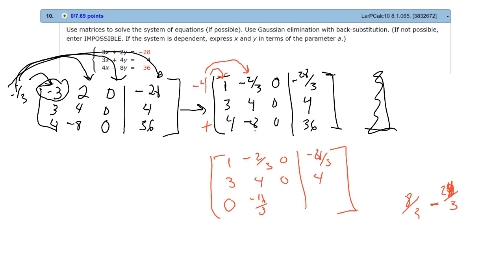Okay, so again, what I'm doing is -4 times -2/3 is positive 8/3 plus a -8. And then -4 times 0 is 0, plus 0 would be 0. And -4 times -28 is positive 112.